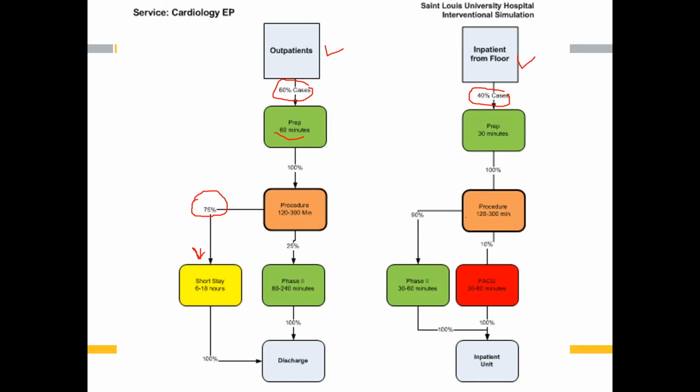For the inpatient side, just to follow through on this particular example, 90% were anticipated to go back to a phase 2 area before going back to an inpatient unit. 10% were anticipated to require a post-anesthesia recovery. So basically we did these kind of models with every service, and, if my memory is correct, we had at least 2 reviews of the process.